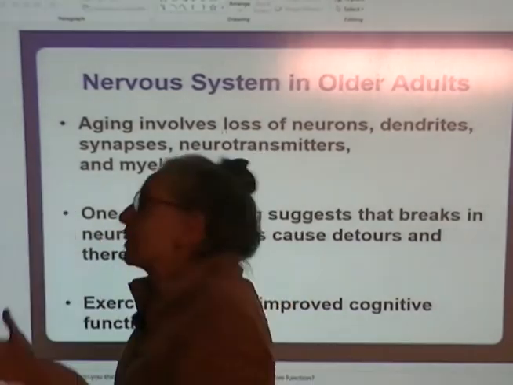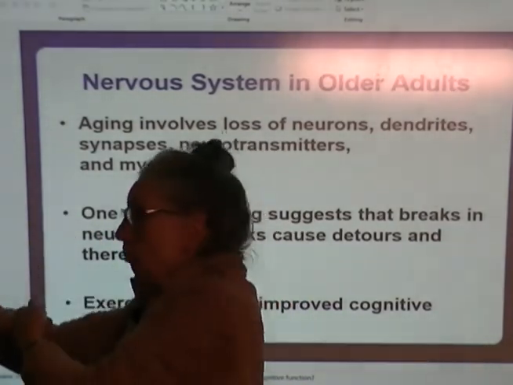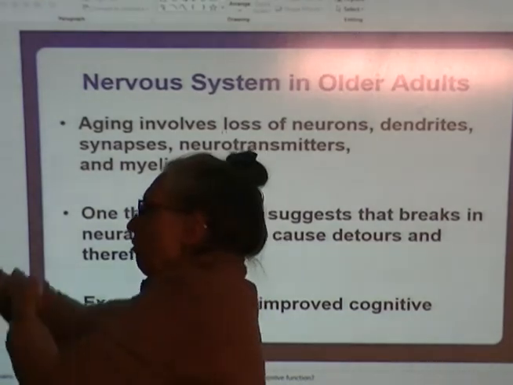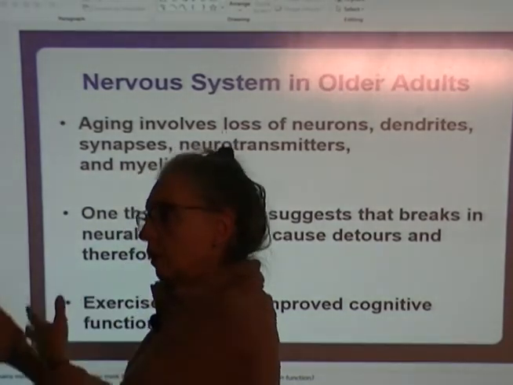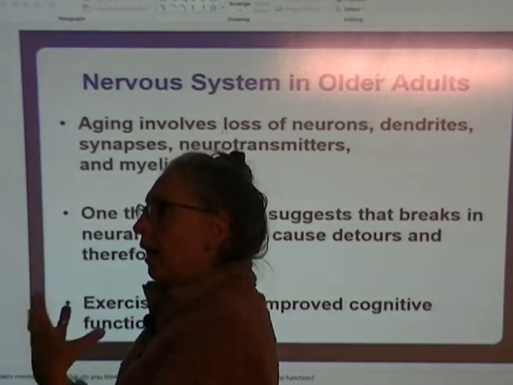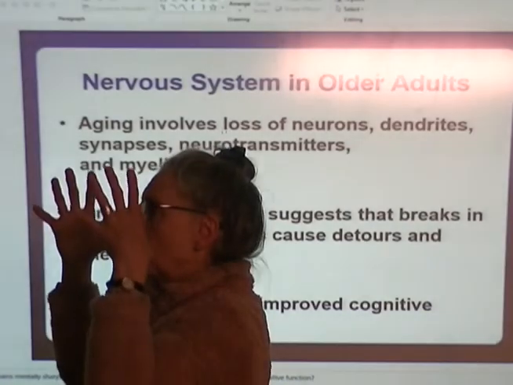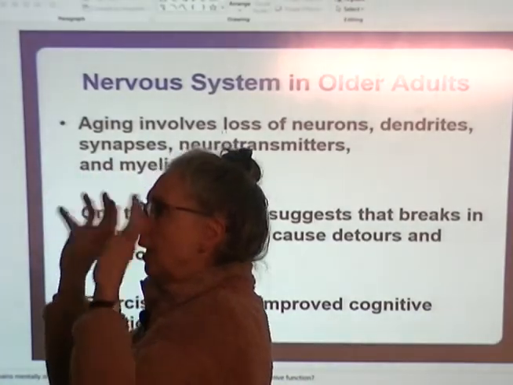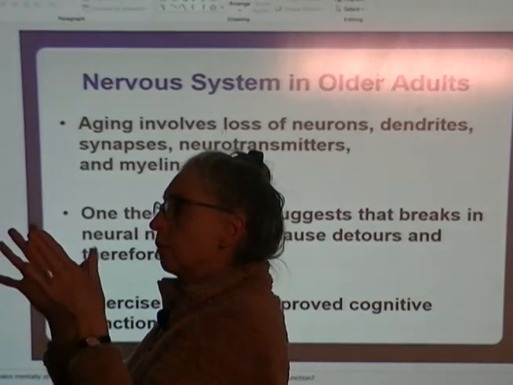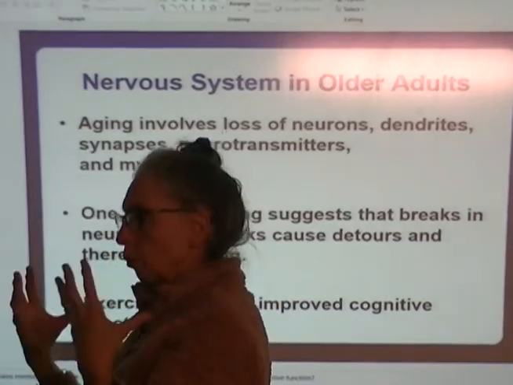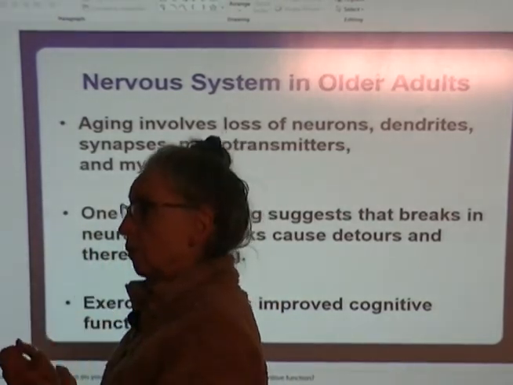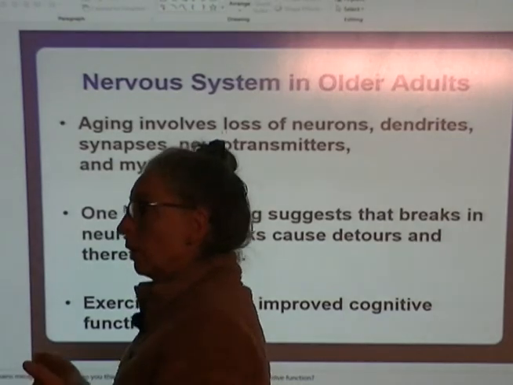But if I exercise every day, then I've got that improved cognitive function every day for a period of time, and that enables better maintenance of mental sharpness and awareness and cognitive ability. Okay?